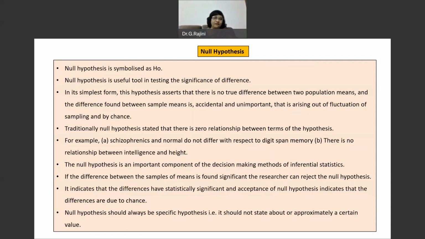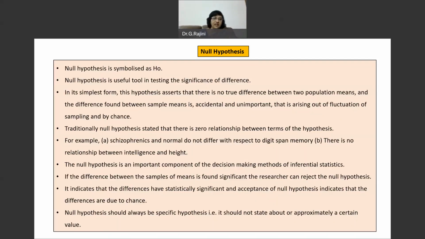So we've seen comedies and all, like a person who is very fair will not tell lies. So some people will come out with some statements which are hypothetical in nature. We have tested it out. The null hypothesis is an important component of decision-making methods for inferential statistics. So if the difference between the sample means is found significant, the researcher can reject the null hypothesis.